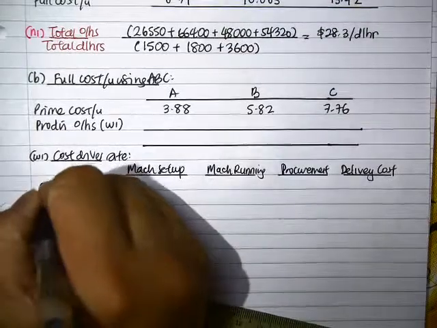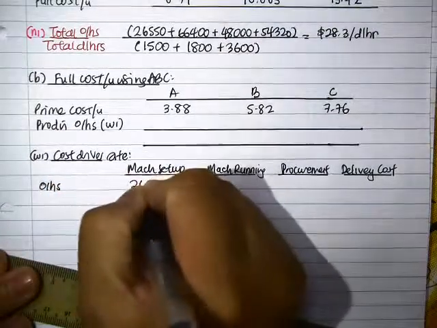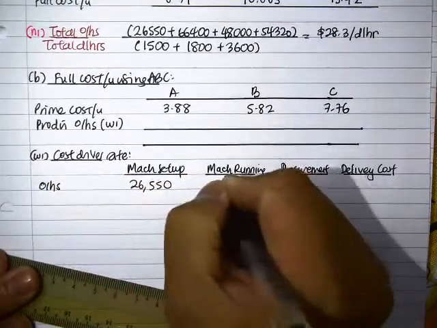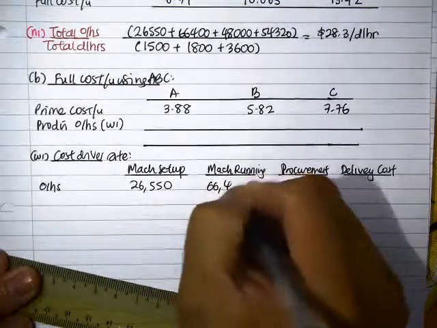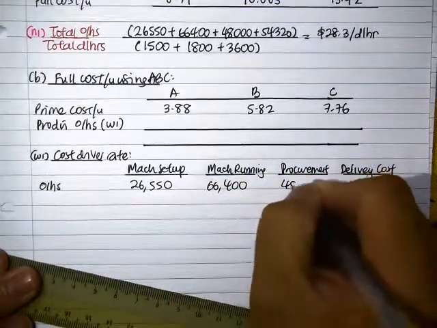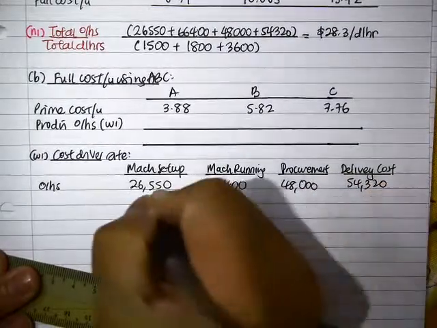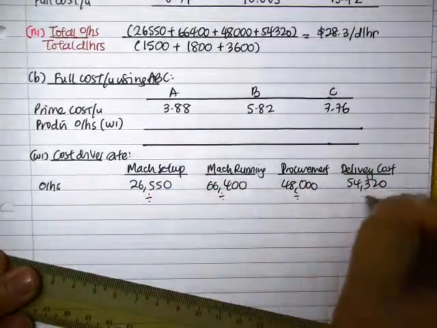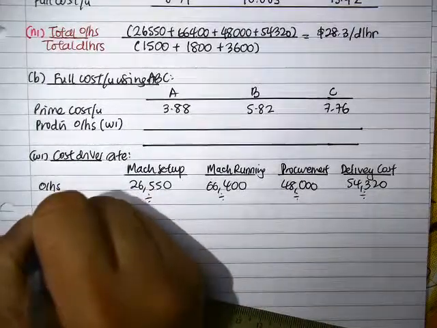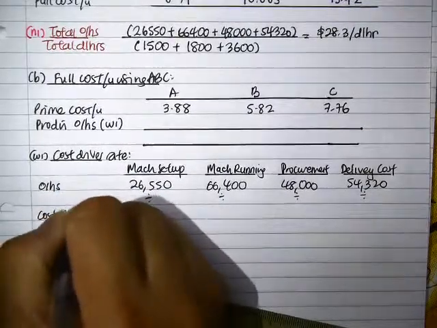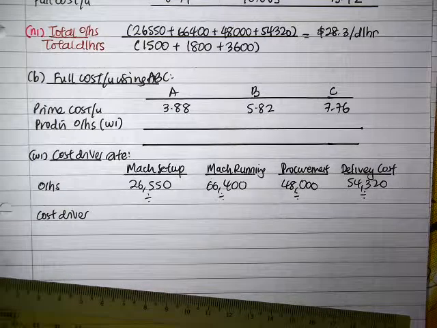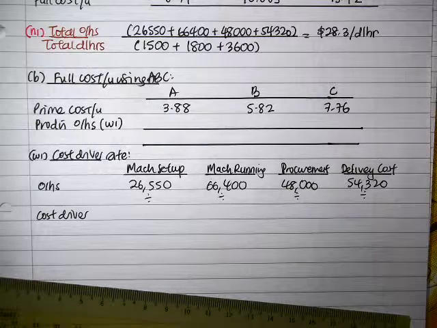Now the overheads, 26,550, 66,004, 48, 54,320. Now we must use this overhead divided by the cost driver. And what's the cost driver? Well, the cost driver will be looking at the cost.